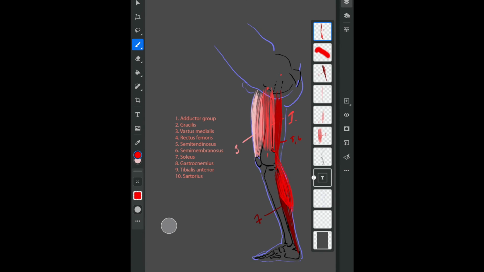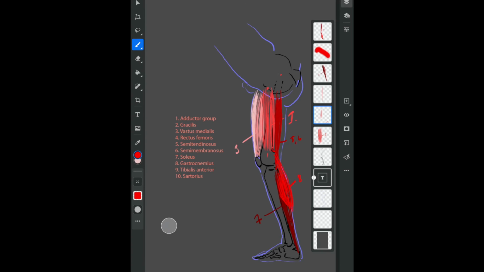So we're seeing the medial head here of the gastrocnemius. Okay, let's see if we can move this up a little bit. Okay, gastrocnemius. So that's going to be number 8.